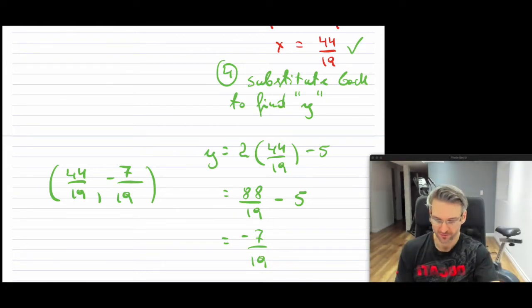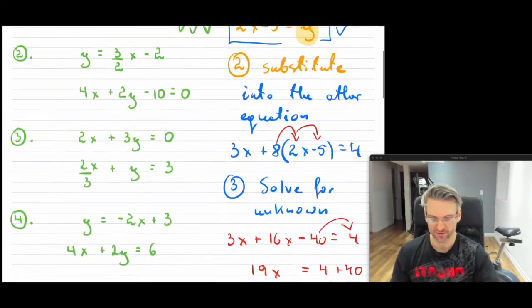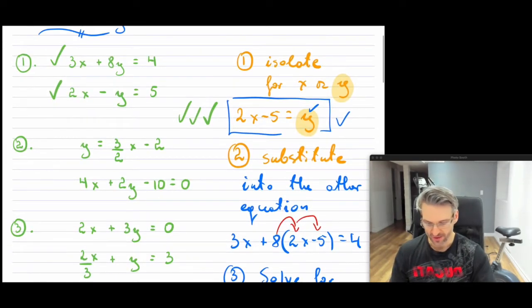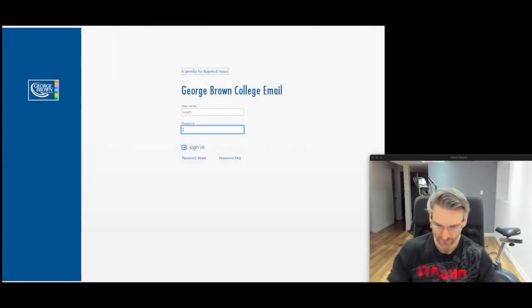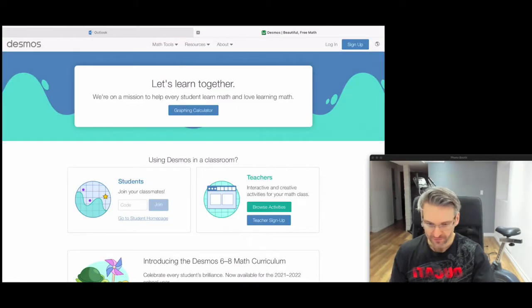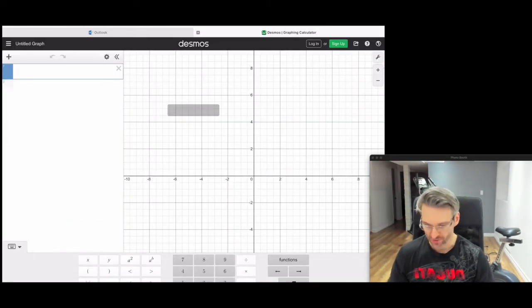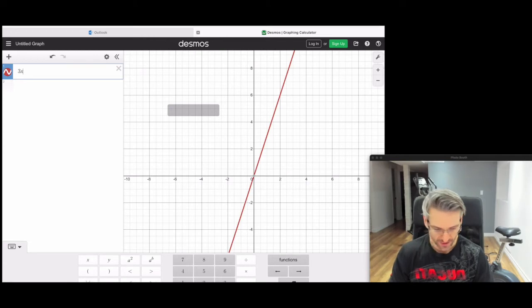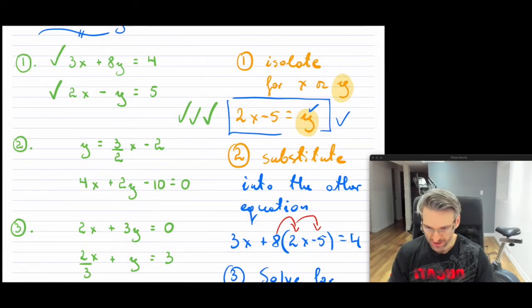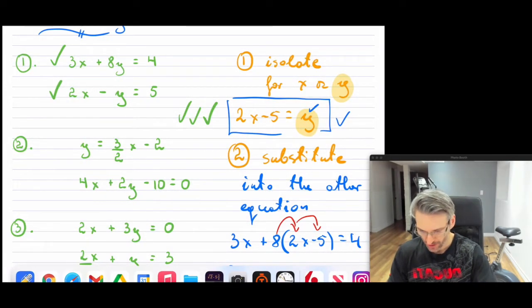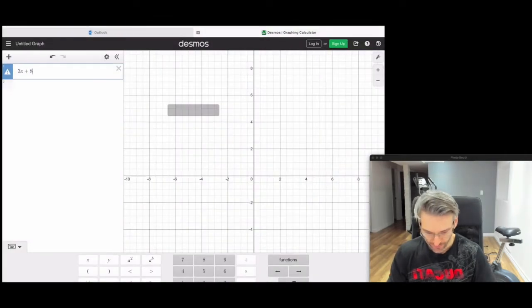We can definitely graph these things to try to see. So now let's graph 3x plus 8y equals 4. I'm going on decimals here. So 3x plus 8y equals 4.